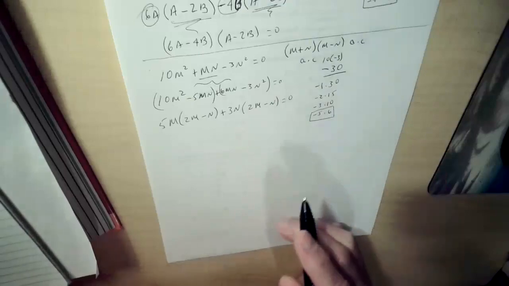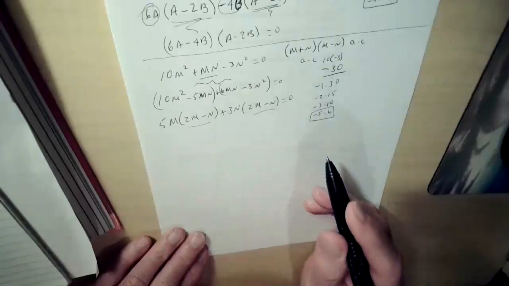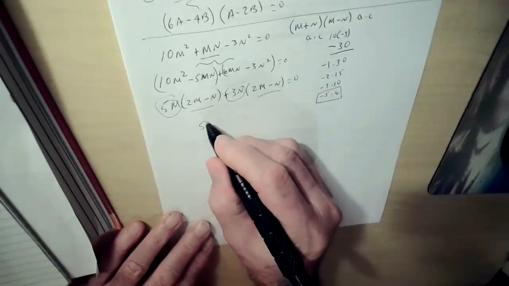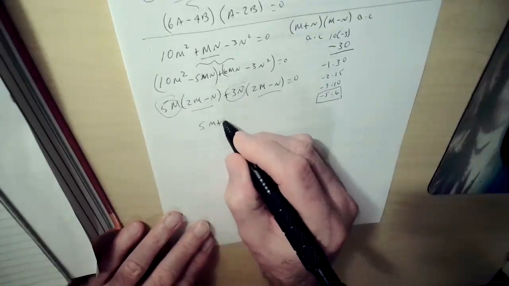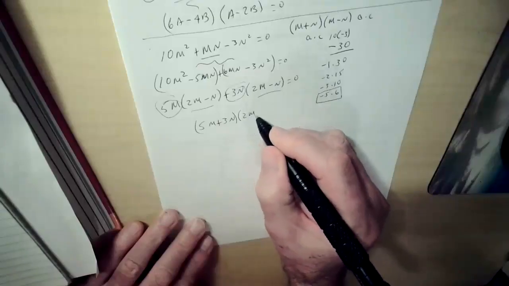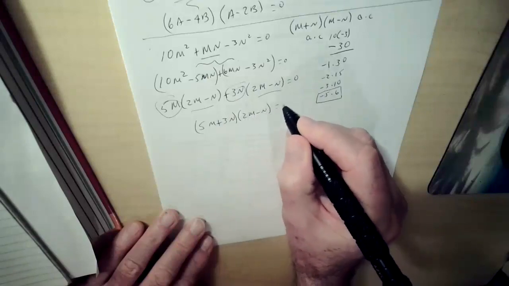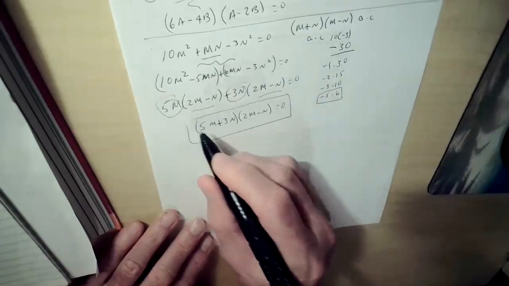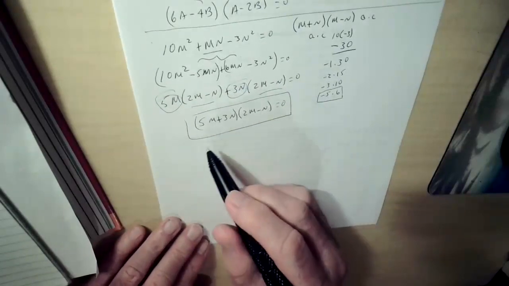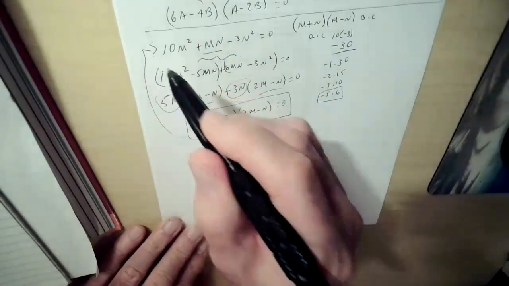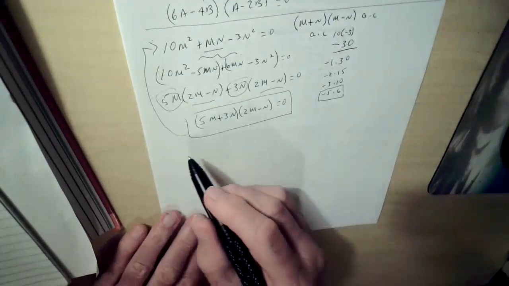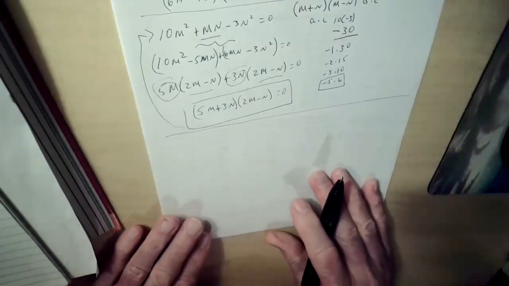Times 2m minus n equals 0. These two are the same. So we put these two together: 5m plus 3n times 2m minus n. And if you want to double check and make sure, do the distributive property and it'll take you back to that.